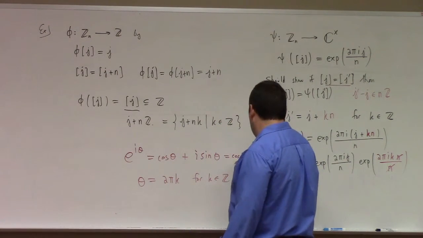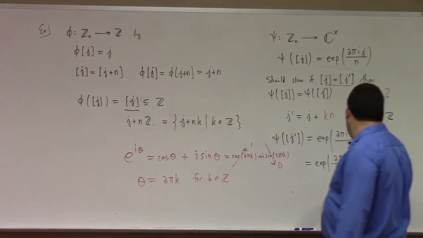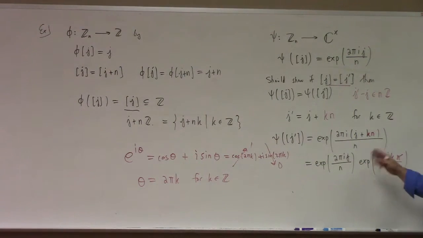That's 1, and this is 0. So the imaginary exponential of 2 pi i k, any integer multiple of 2 pi times i, this is just 1.